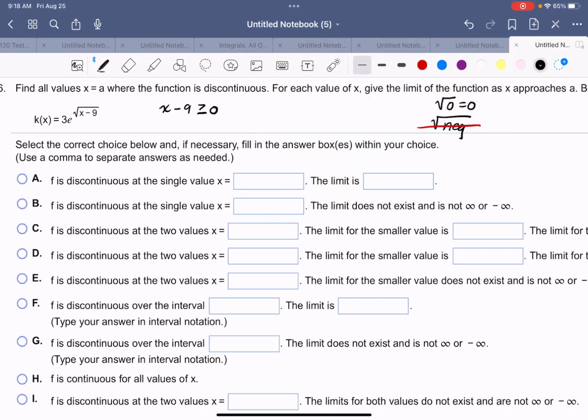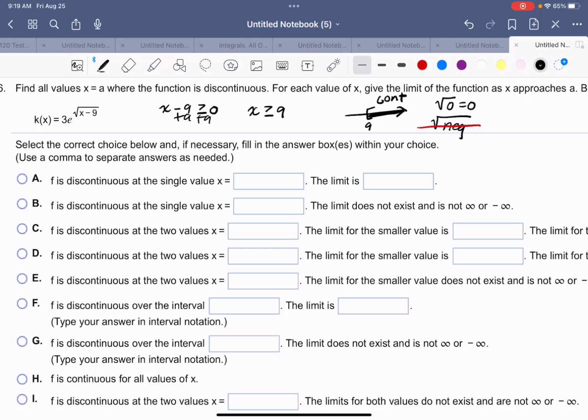So what I'm going to do is take my radicand, make it greater than or equal to 0. I'm going to add 9 to both sides, so x is greater than or equal to 9. Now, that's all the numbers from 9 to infinity where it is continuous.